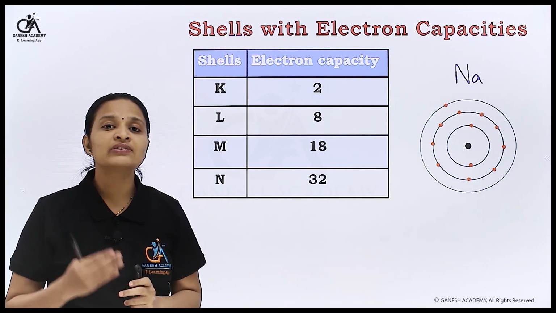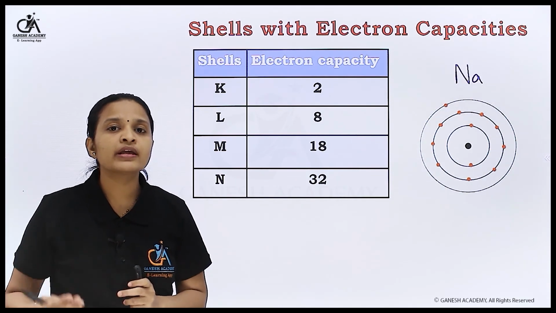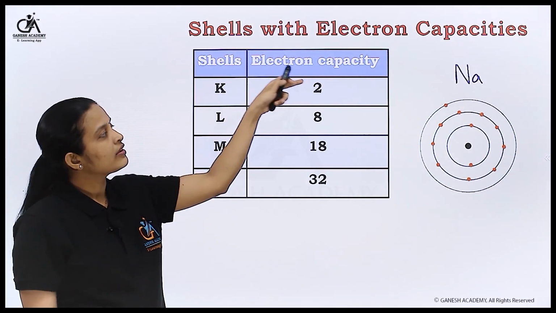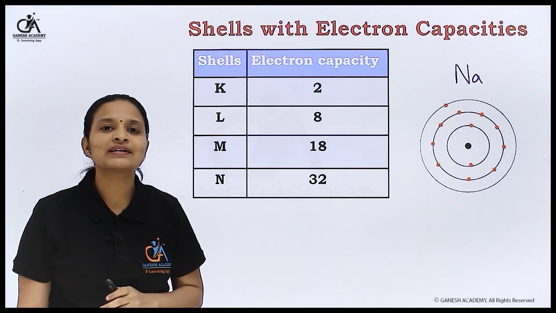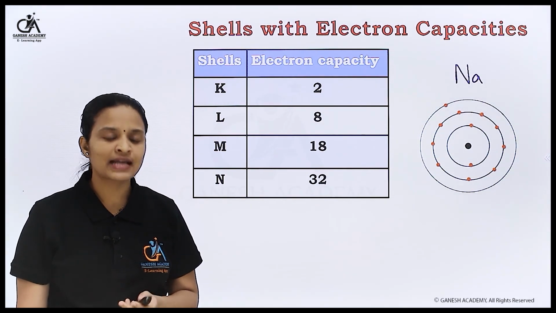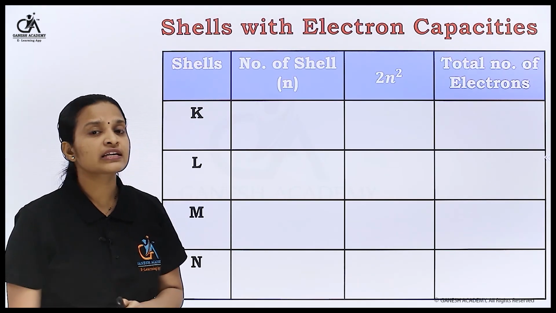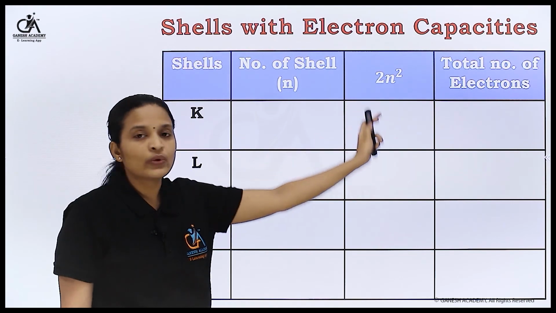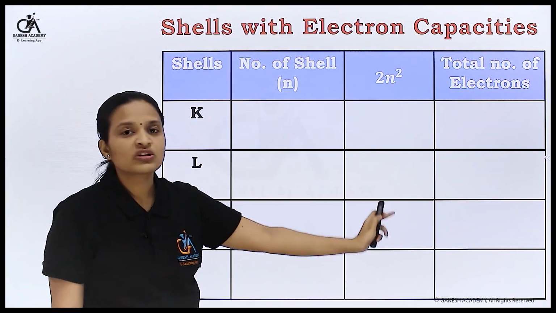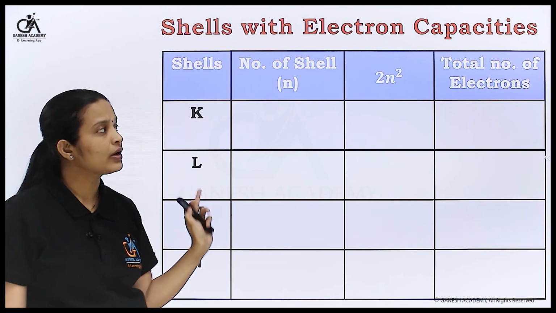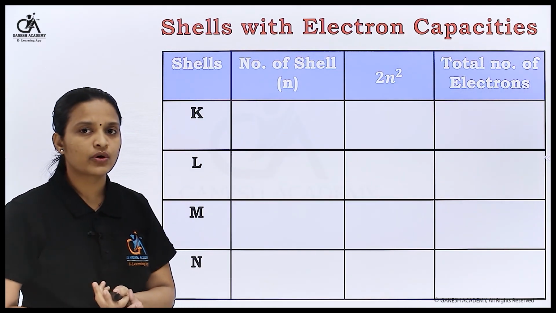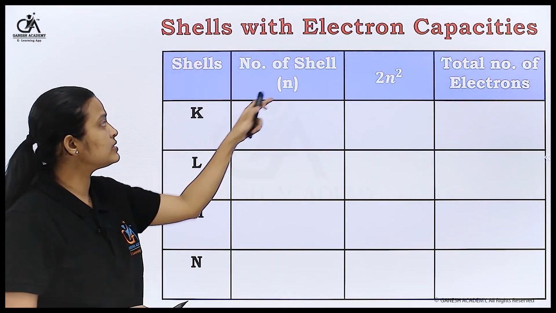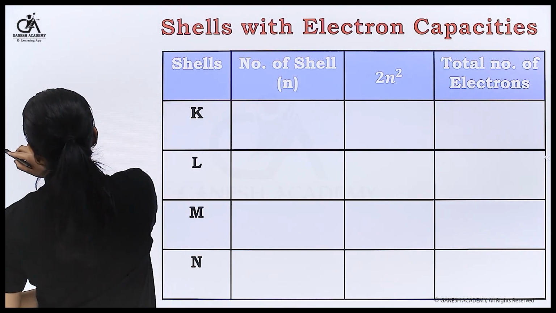For that, the scientists Niels Bohr and Bury gave one formula, and according to that we can show the electrons present in the different shells. In the next slide, with the help of an example, I will explain the number of shells according to the 2n square rule, the electrons filled in each shell, and the total number of electrons. For shells K, L, M, N, the shell number means n. So K is the first shell.